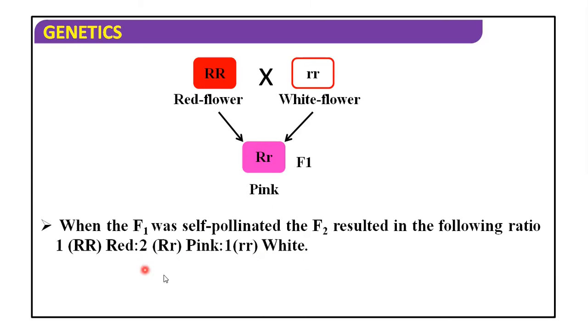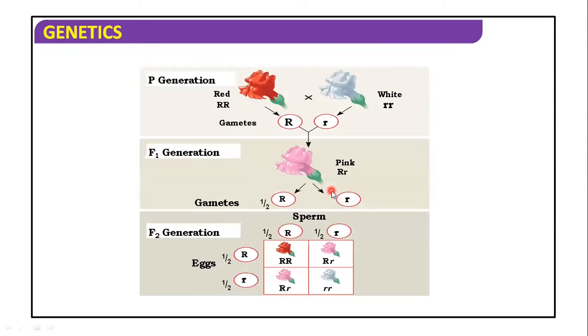So this is the product we will get here. This is the red, capital R, and small r, white. In the F1 generation we get the gamete capital R. It is the pink product we get here, pink flower, capital R and small r.